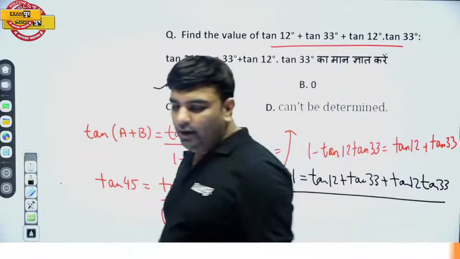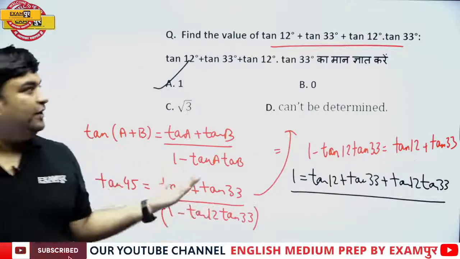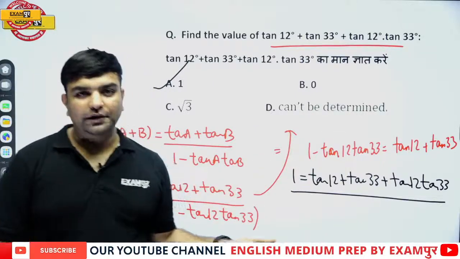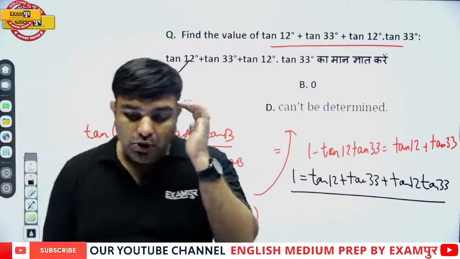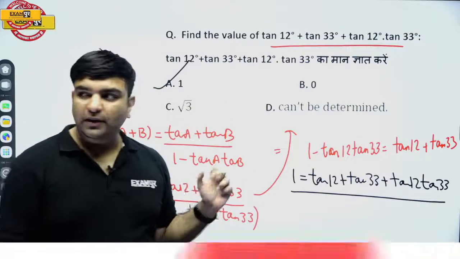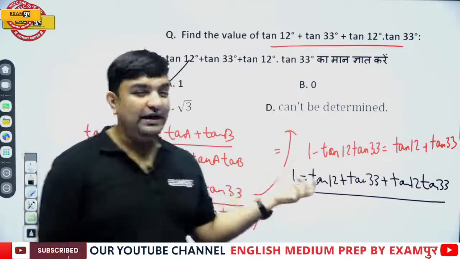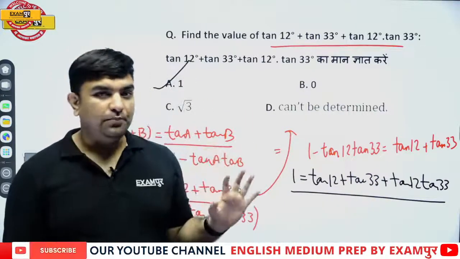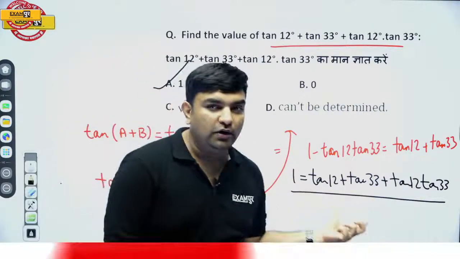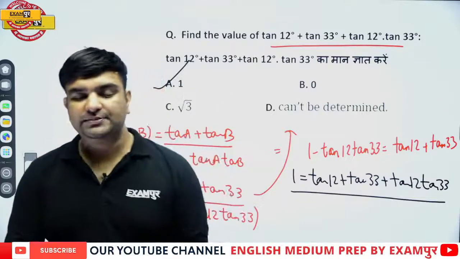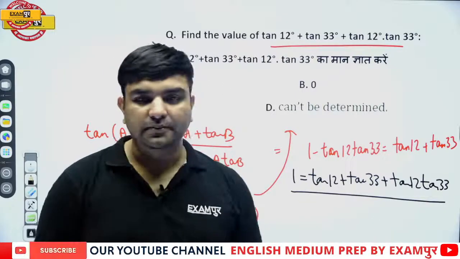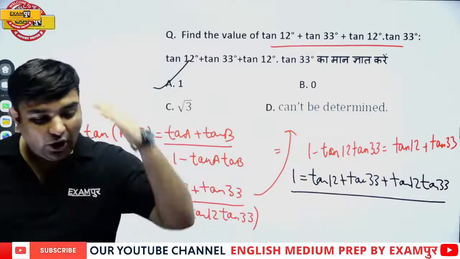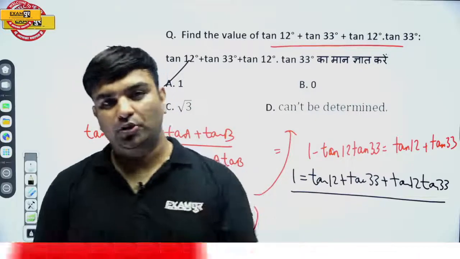We cannot do it by values, because we know neither the value of tan 12 nor of tan 33. So it should click to our brain directly that this might be coming from some property or formula. So we go for the formula of tan of a plus b, and directly this relation comes out. That is how the thought process should begin.